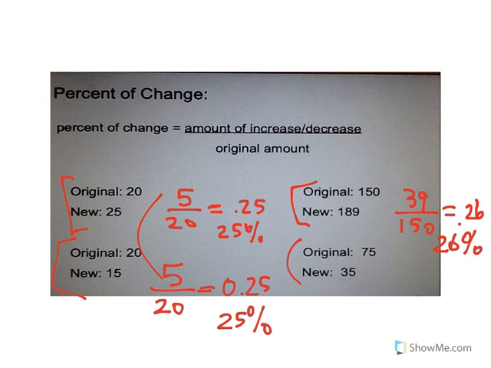For this one here, the amount of decrease, the difference between the two is 40. That's going to be over 75. And that's going to be equal to 0.53 with a bar over it, so it goes on forever that way. So this is going to be 53.3%. That's the amount of a percent decrease.